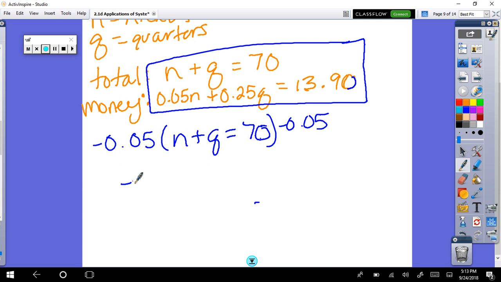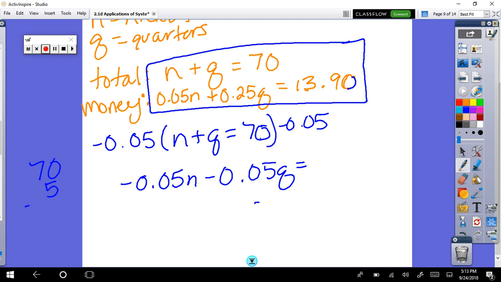So that's going to be negative 0.05 N minus 0.05 Q equals, and 70 times 5 will be 350. So move the decimal, negative 3.50. Keep the other equation the same.